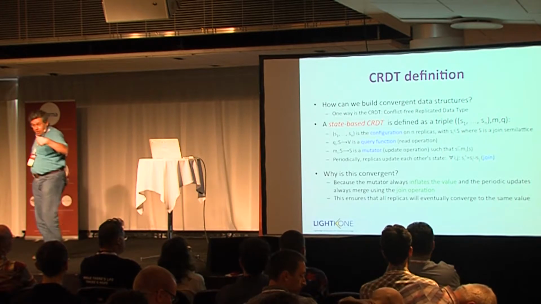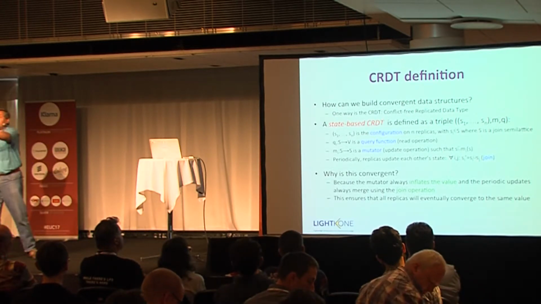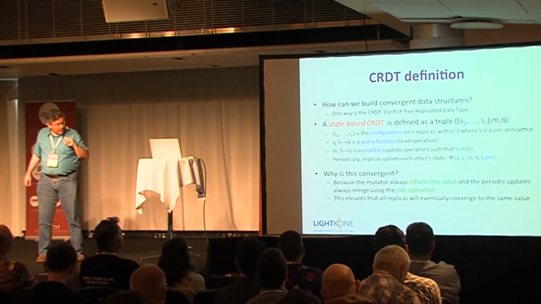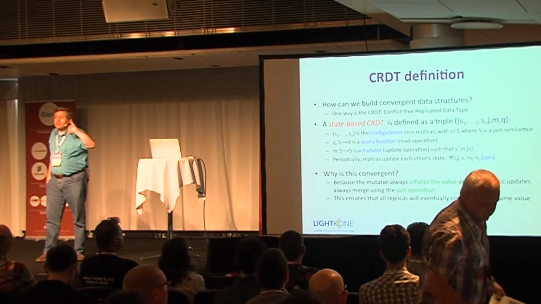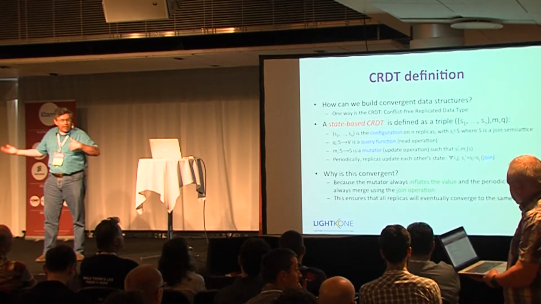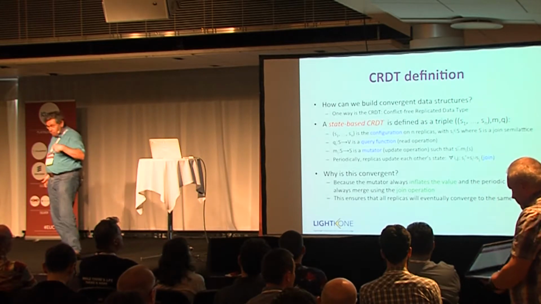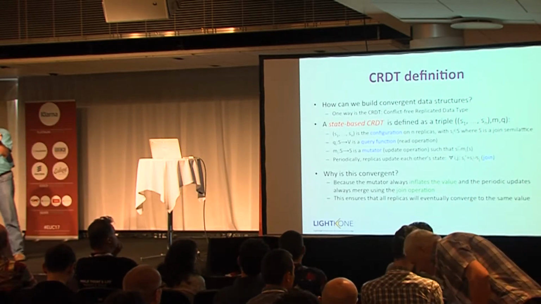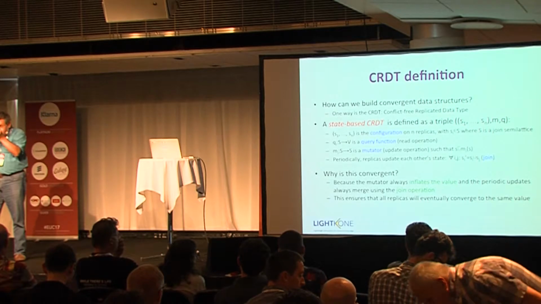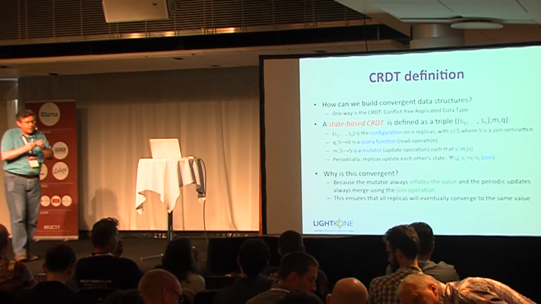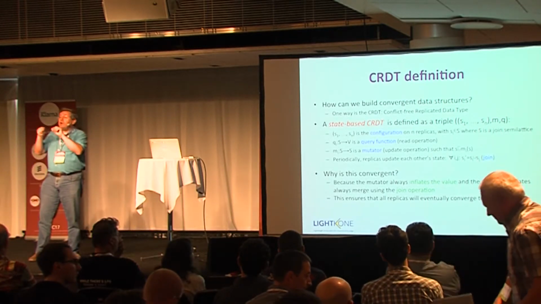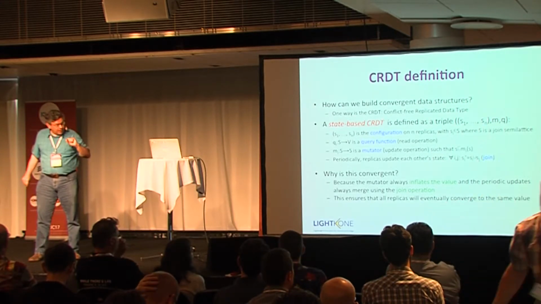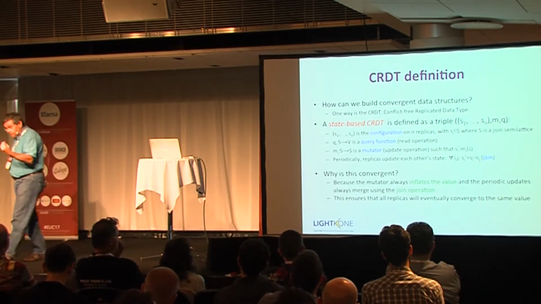The CRDT also has a query function. So for example, in a set, you get the value of the set. And it has a mutator, basically an update, write, basically read and write. Okay? And periodically, the replicas talk to each other, and they merge their respective states. So this, again, is where the join semilattice comes in. The mutator will inflate the state.